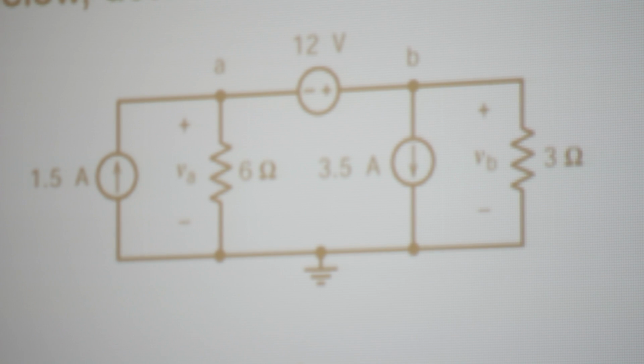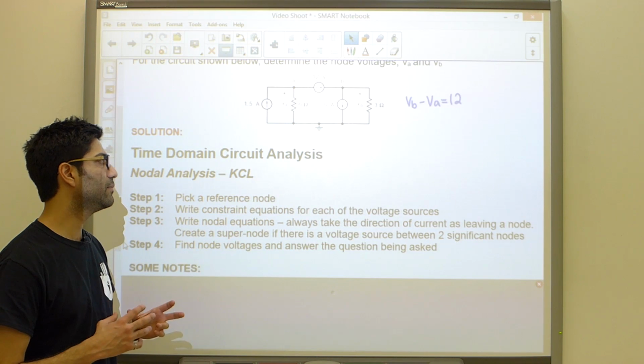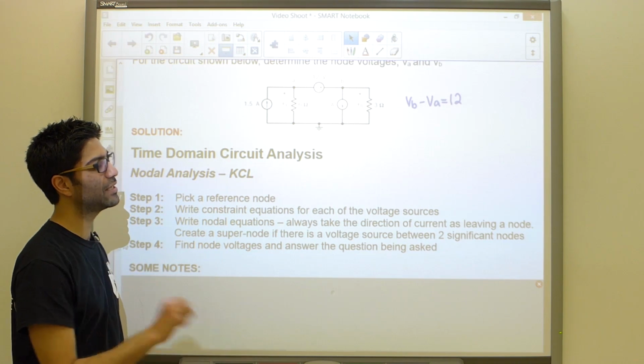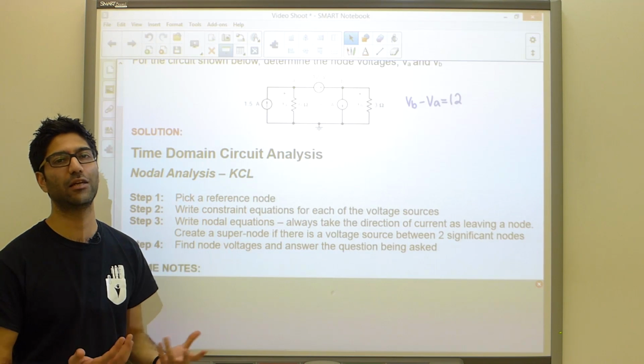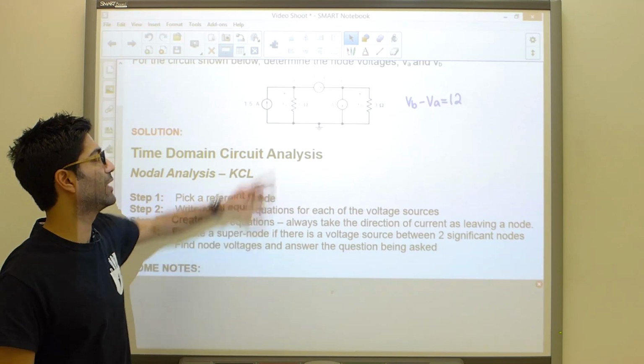Those nodes are definitely significant, and we're going to write nodal equations for them. We're going to do this in a way such that, whenever we have a choice, the current is going to be exiting the node. So when you're exiting, you are positive. If you're entering, you're negative. But we are always going to choose exiting unless, of course, we're forced by some source.